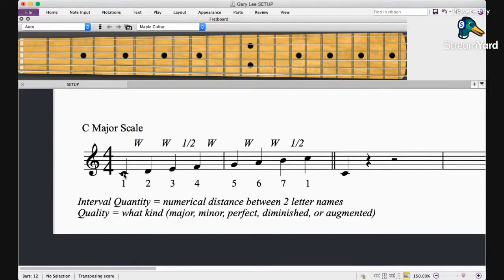So let's start with a second. Let's put D on top of C. And so this right here is a major second. Major seconds always are a whole step away from each other.